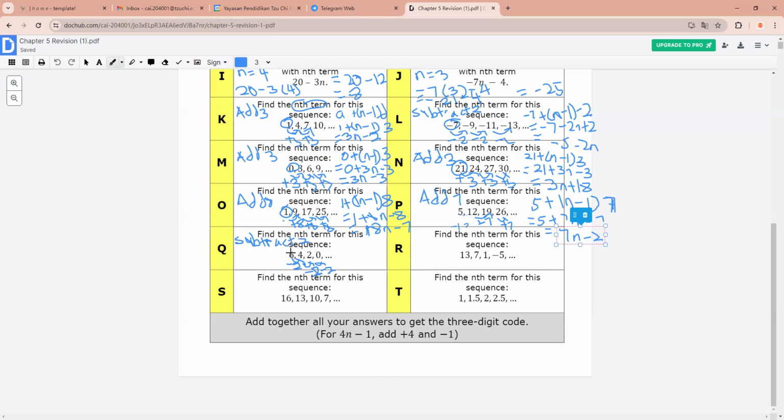And the first term is 6 plus n minus 1 times negative 2, which is equal to 6 plus negative 2n plus 2. So our nth term is negative 2n plus 8.